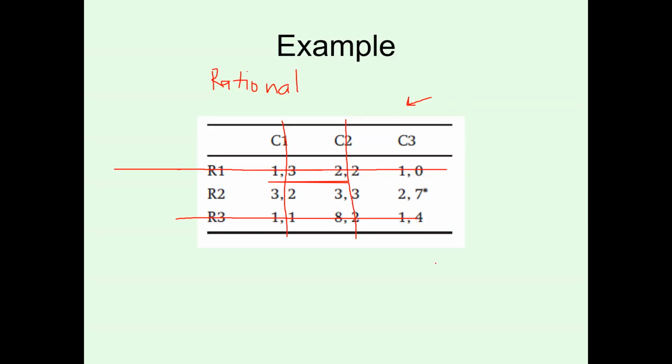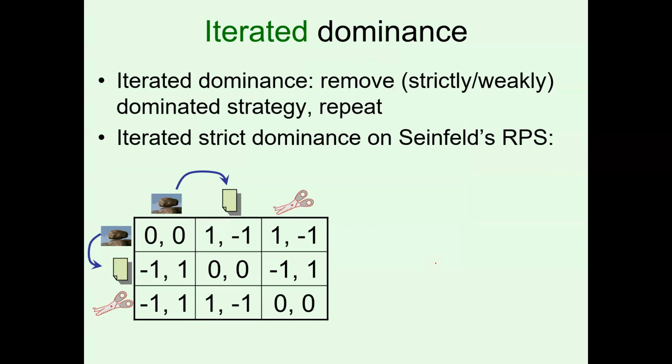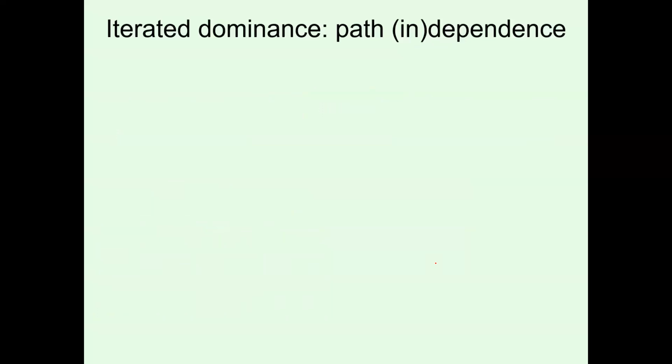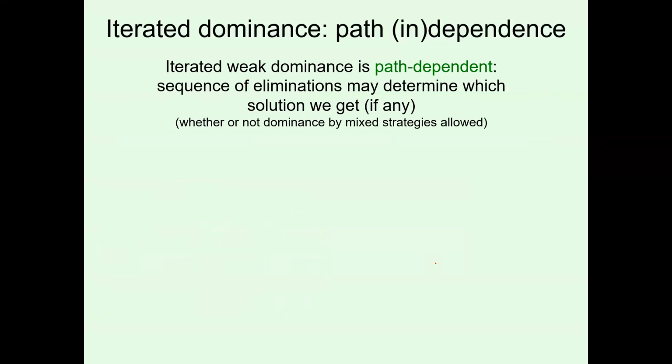So that's the idea of iterative dominance. So we can remove strictly dominated strategies, and if the strategies are strictly dominated, it will actually result in an independent path. So it doesn't matter, I will always get to the same strategy.